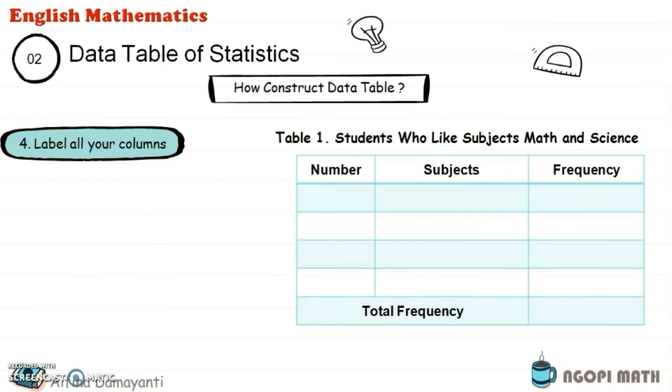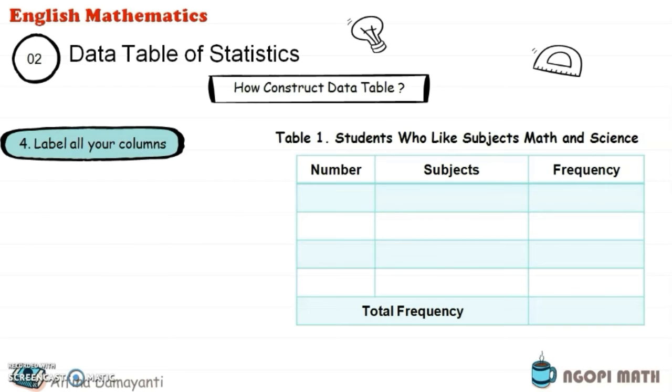Fourth, label all your columns. The first column, we label number in the first row. Number is optional, but the leftmost column should be reserved. For example, in this research, we look at how many students like mathematics, physics, biology, and chemistry.